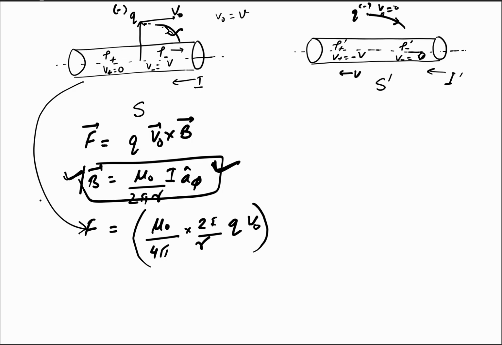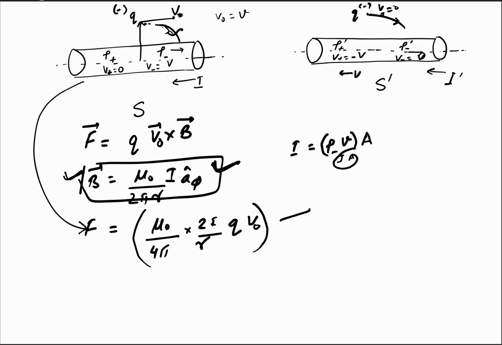Now I can write this I simply as rho minus V into A, that is JA.